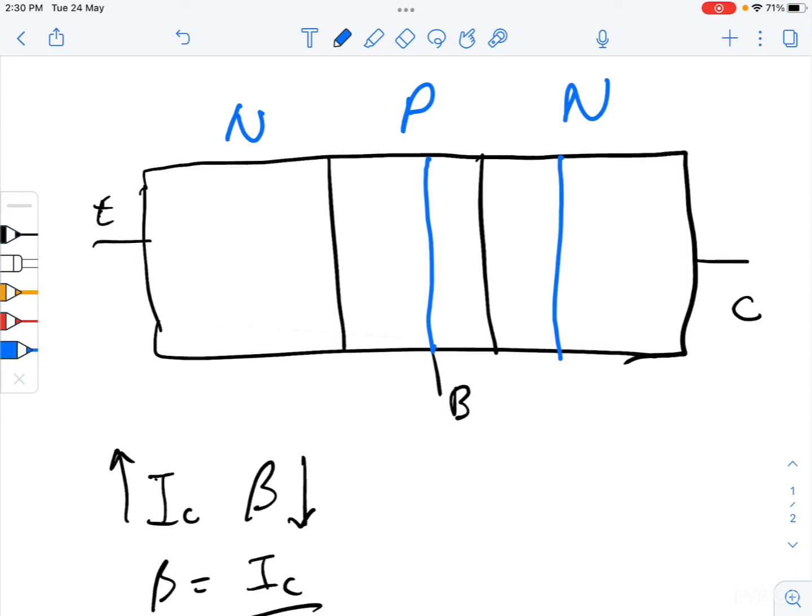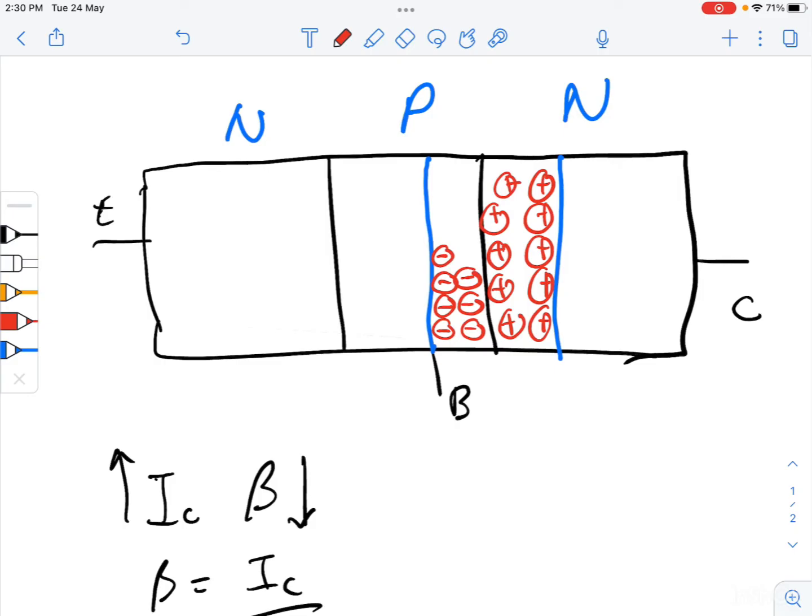On this side you are losing electrons, therefore you are left with positively charged ions. So let's draw that. And again, because it has to follow the space charge neutrality, the other side will also have ions when it combines, and it must be the same amount.